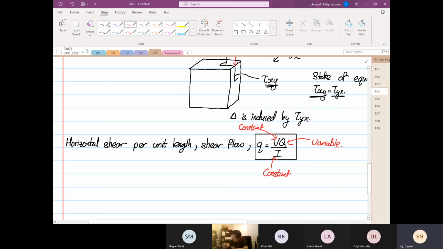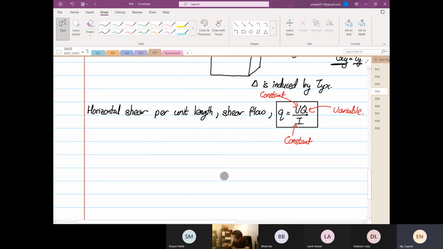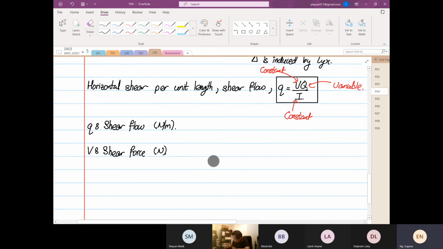As you know, q is the shear flow, and the units are Newton per meter. V is the shear force, as you know, in Newton.